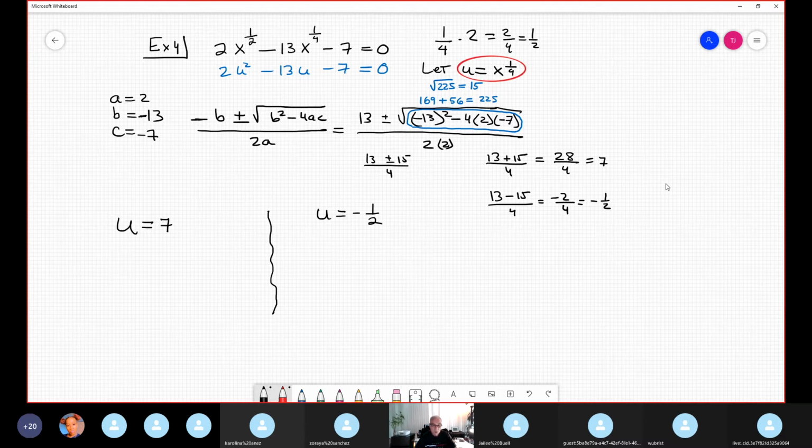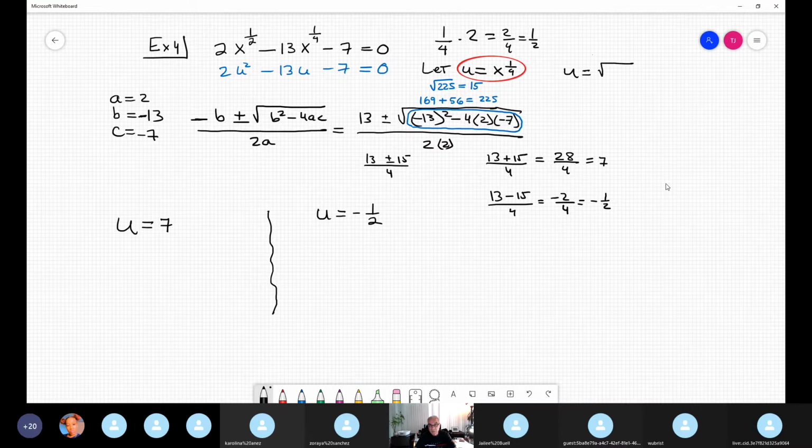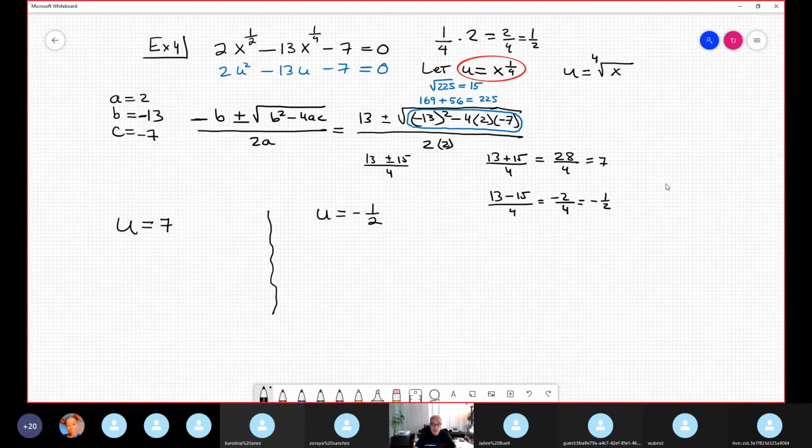You prefer to copy using a fraction exponent? You can. Or another student says, no, I like that way, using radical, because I feel more comfortable understanding that this is the radical equation. So u is the fourth root of x equals 7. And it's exactly the same.